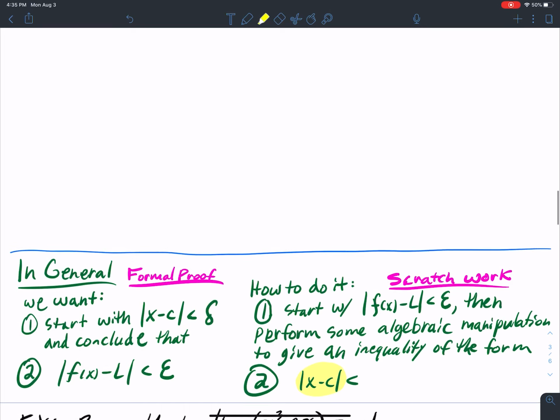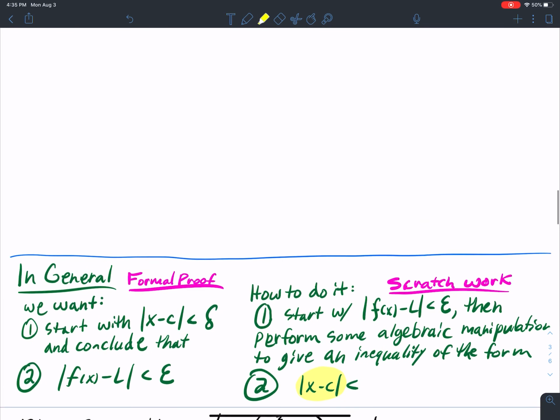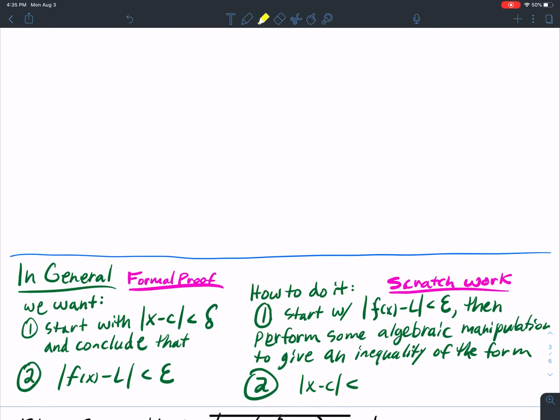For this particular one, my c is 2, as x goes to c of f of x equal to the limit, right? So my c there is 2, and that equals something. I don't know what it is yet. That's what the scratch work gets me, that something, and that something is my delta. And once I have that, then I work backwards from there, writing down all the steps in the formal proof.